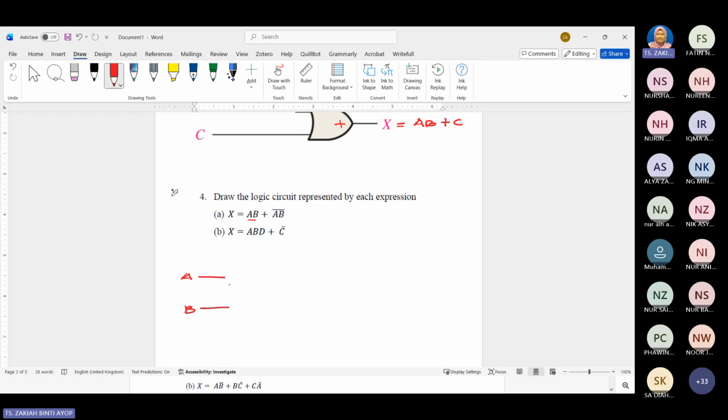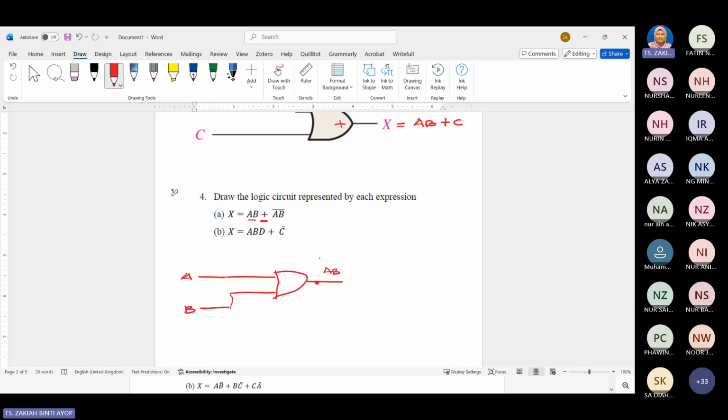Now for AB, I would put it like this and then put an AND. Now this becomes AB. Now what I need is another AB full bar, so I can put a NOT after that, but I need to combine it. Remember, there's a plus there, and the plus is the last one.